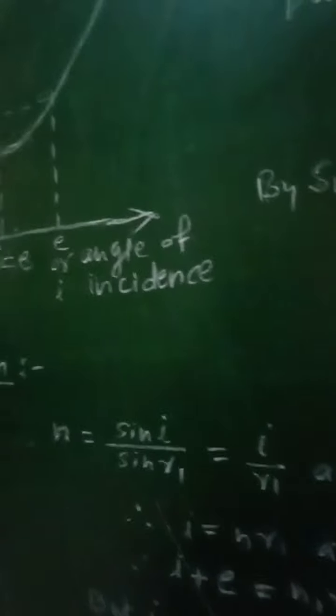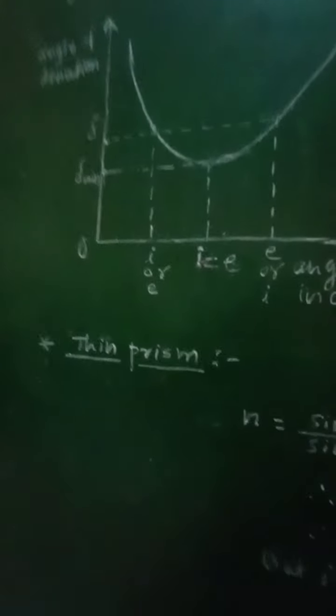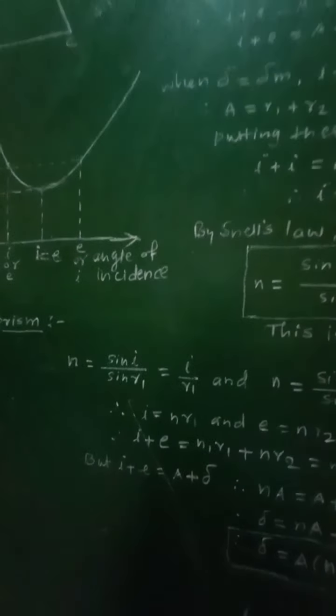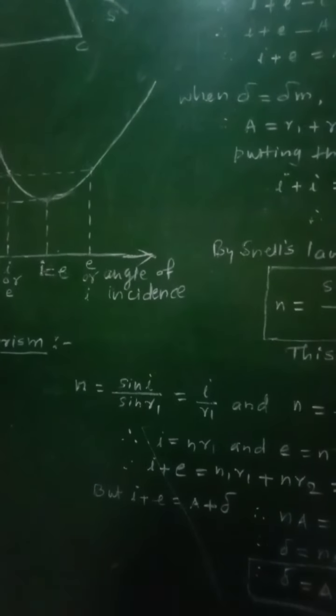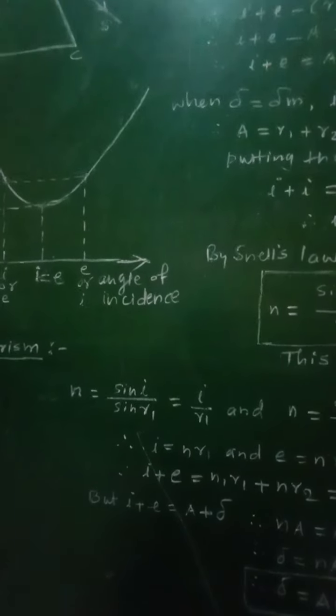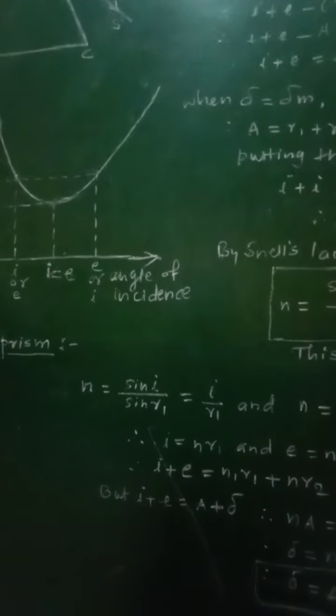And now let us see the next term, what is a thin prism. So when can we say that a prism is a thin prism? The prisms having refracting angles less than 10 degrees are called thin prisms.